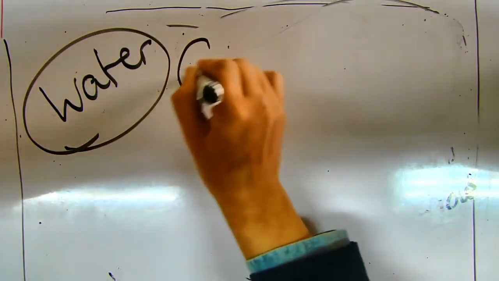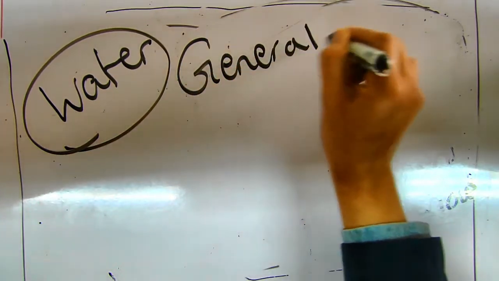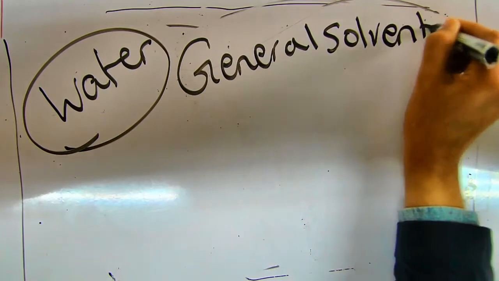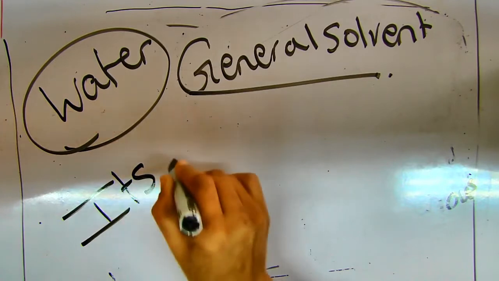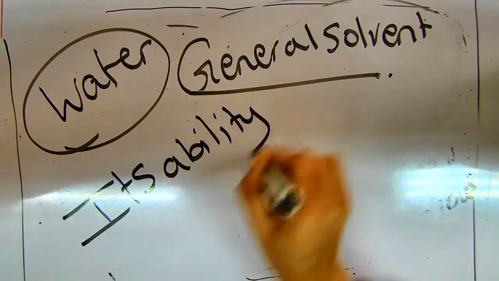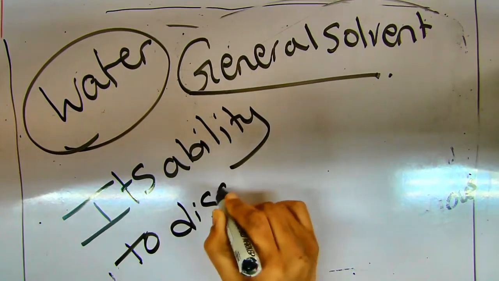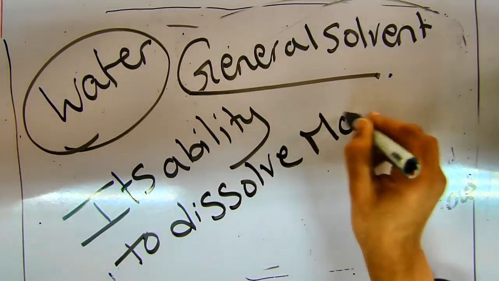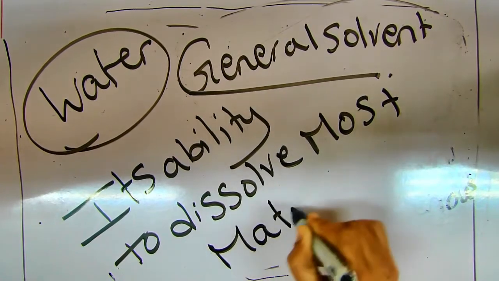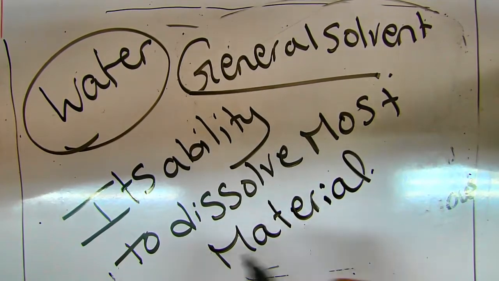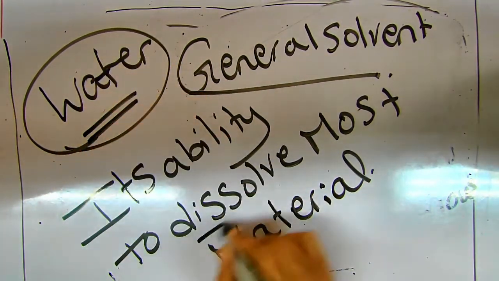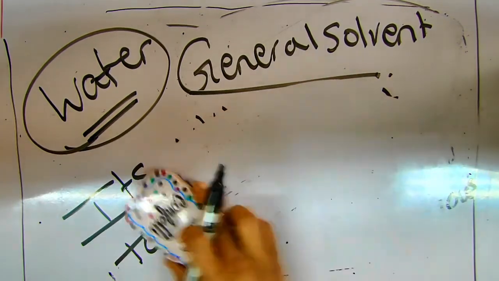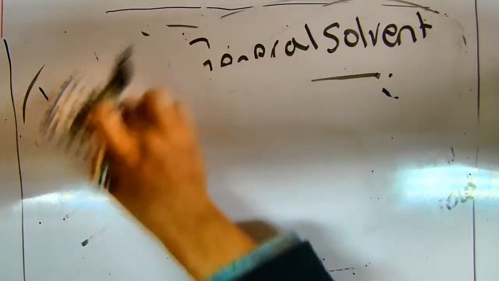Water is the general solvent because of its ability to dissolve most materials, because I can use it to dissolve sugar or salt in it. So water can be used to dissolve most materials. That's why I use water as the solvent in most cases.